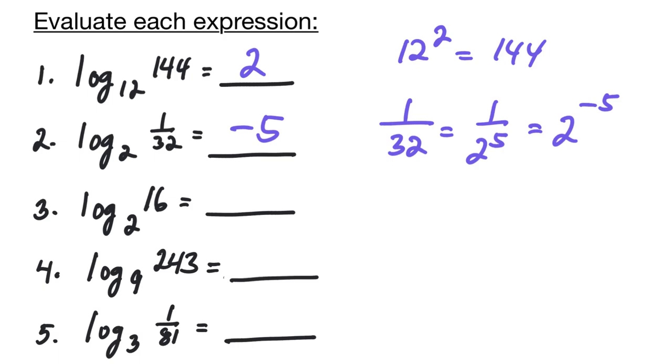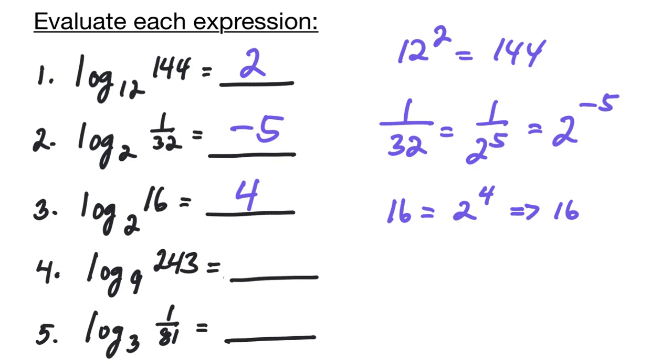Next, log base 2 of 16. So let's see, 16 can be written in base 2 also. If I multiply 2 four times, then I'm going to exactly get 16. Therefore, log base 2 of 16 is equal to 4.